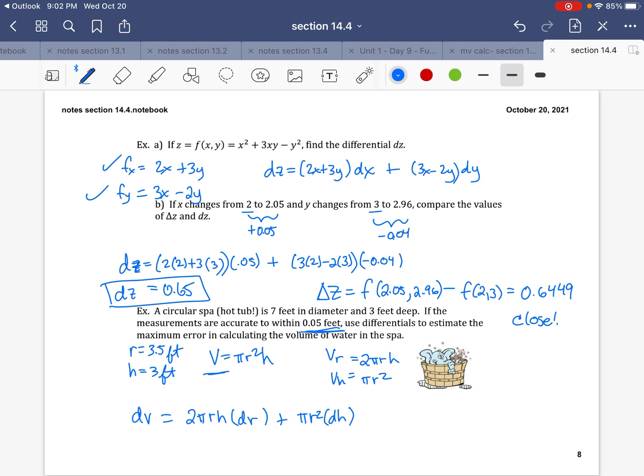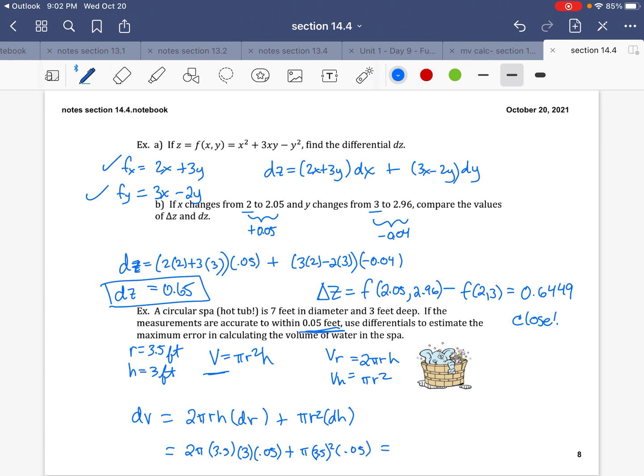Those are the amount off I could be. So I got 2 pi, r is 3.5, h is 3, dr is 0.05, plus pi r squared, so 3.5 squared times dh, 0.05.